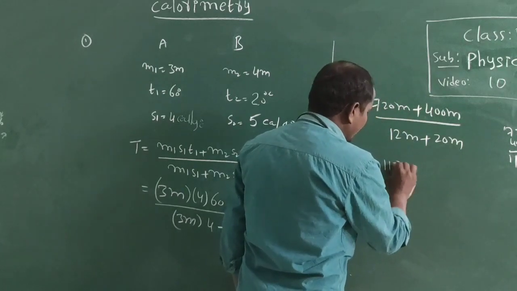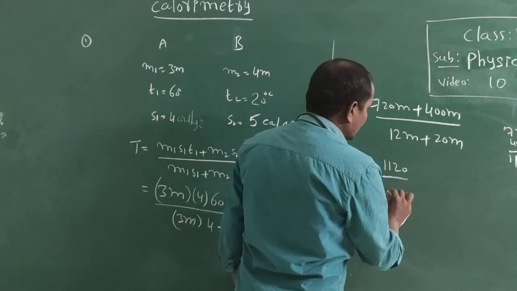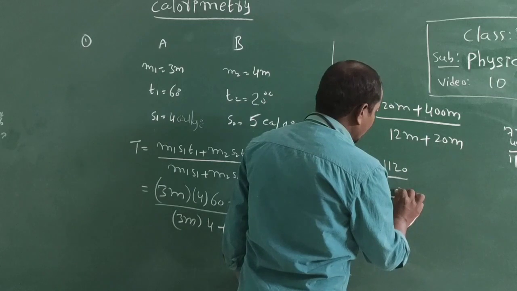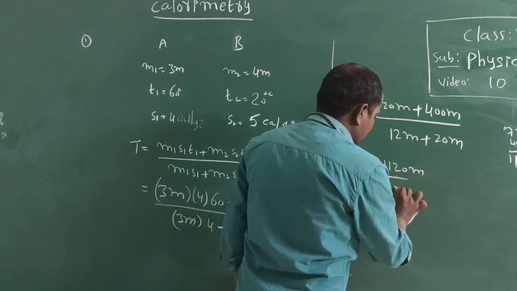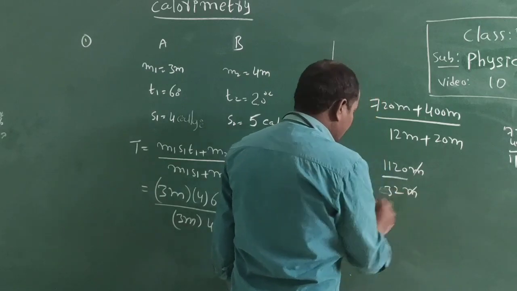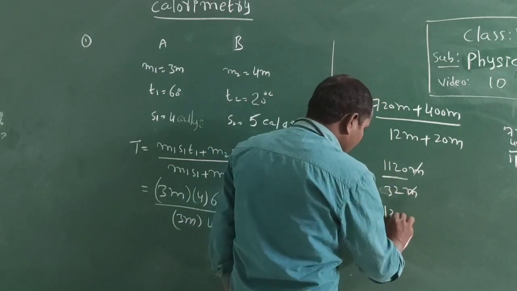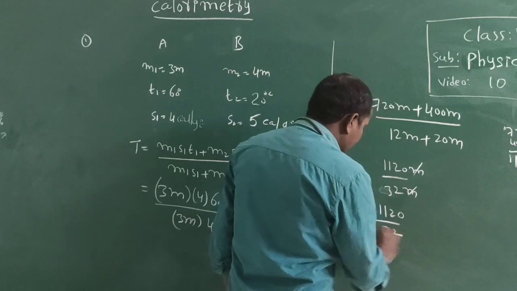So 1120 by 20 plus 12, 32m. So m cancels and equal to 1120 by 32.